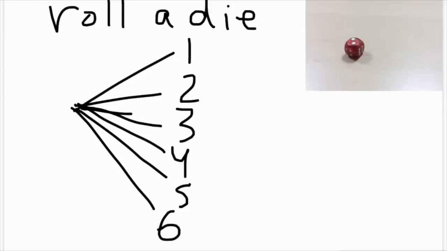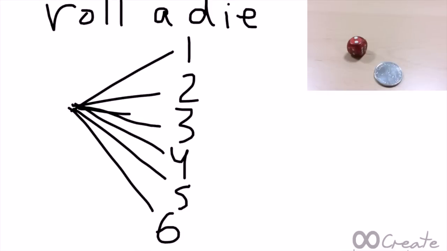A probability experiment is a process that has many possibilities. As you can see, I have here 6 possibilities. In the previous example, when you had a coin, I had 2 possibilities. Each one of these possibilities is called an outcome. So in the case of the coin, I had 2 outcomes. In the case of the die, I had 6 outcomes.